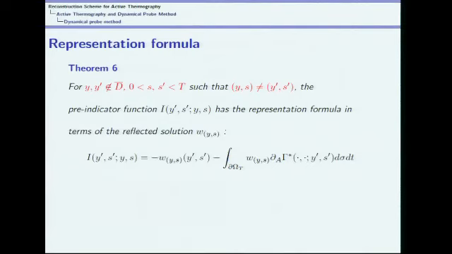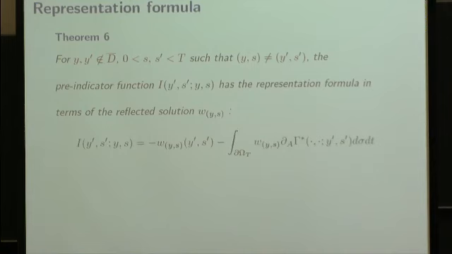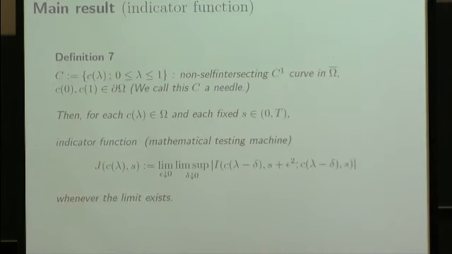So when we are looking at the behavior of this pre-indicator function, when we take y prime equal y and let them tend to partial omega, the behavior can be totally controlled by this wys y prime s prime.